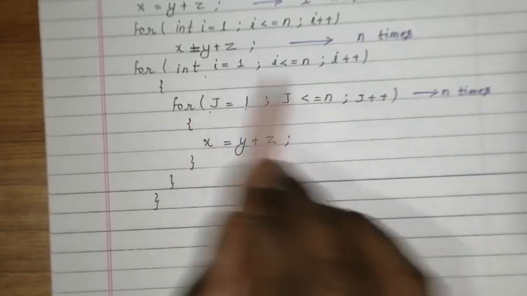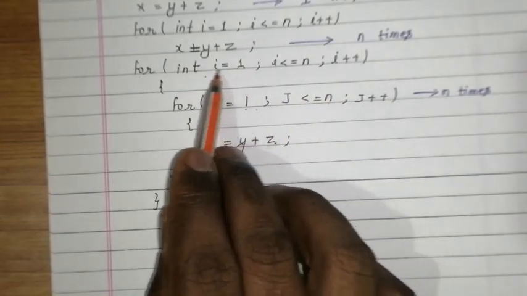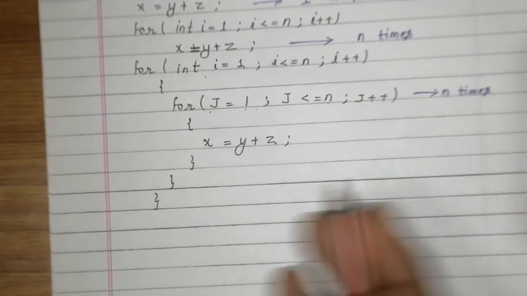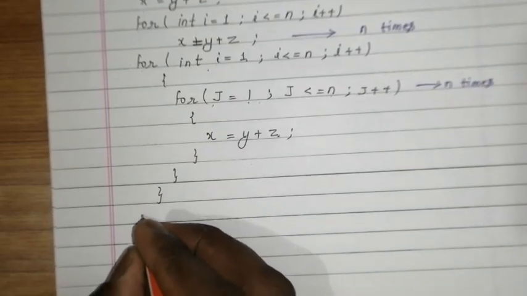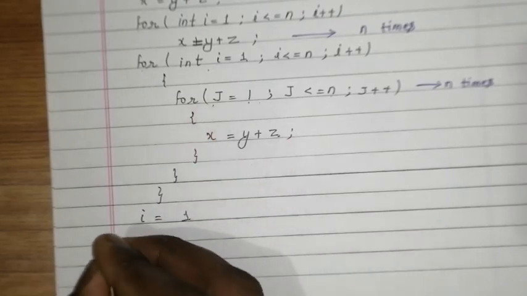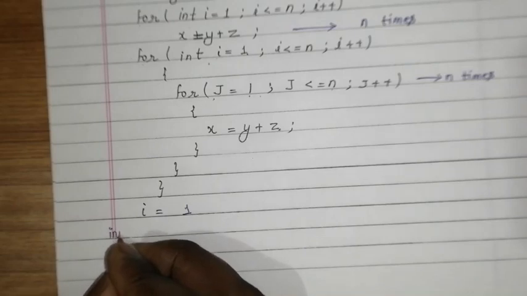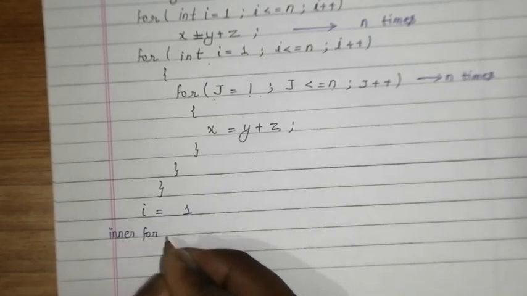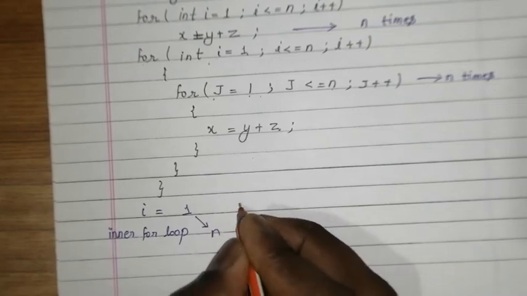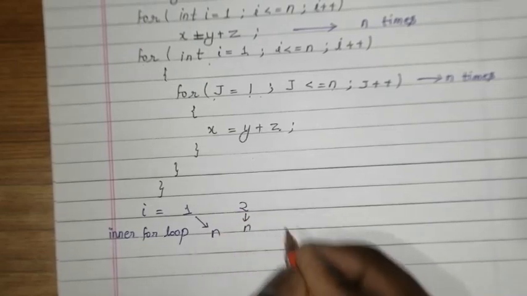And now you see, for each value of i, the inner for loop will iterate n times. So for i is equal to 1, the inner for loop will iterate how many times? N times. For i is equal to 2, it will iterate n times.